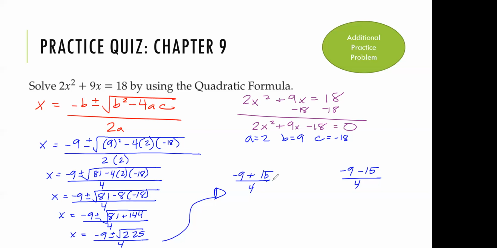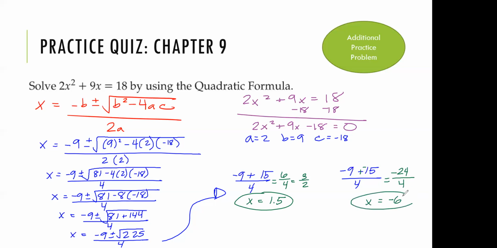Negative 9 plus 15 is 6, and 6 divided by 4 is 3 over 2, or 1.5. So x is equal to 1.5. And then over here, negative 9 minus 15, you add the opposite. That's negative 24 divided by 4, and negative 24 divided by 4 is negative 6. So x is equal to negative 6 and x is equal to positive 1.5.